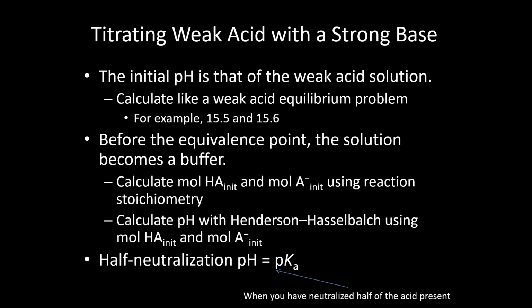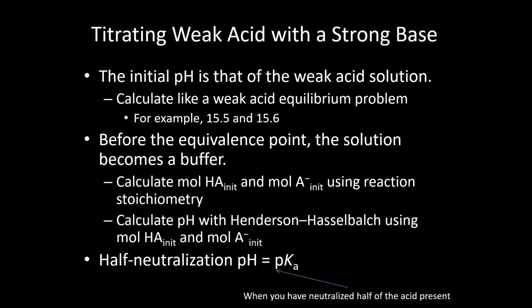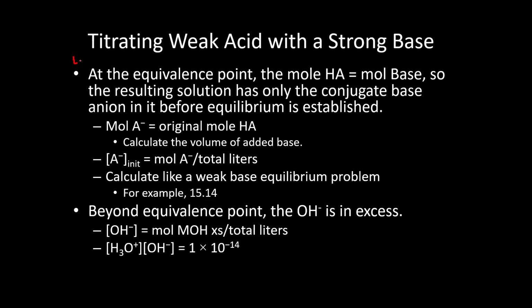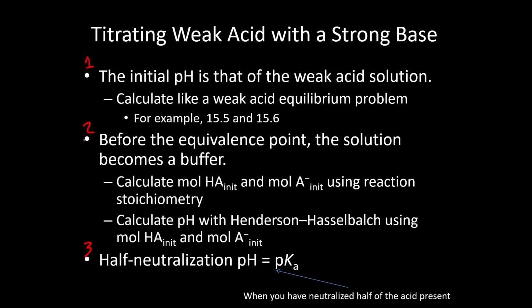There are 5 different points in a titration curve that are mentioned here. And I specifically tell you in each of these 5 points how you would find the pH. This slide here is just talking about point 2.